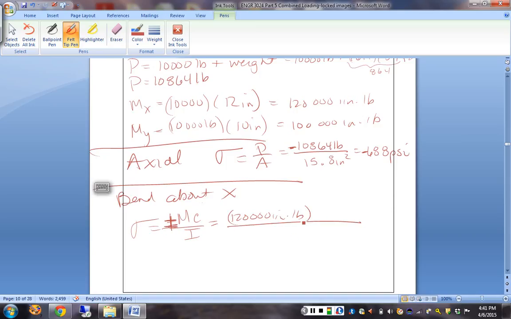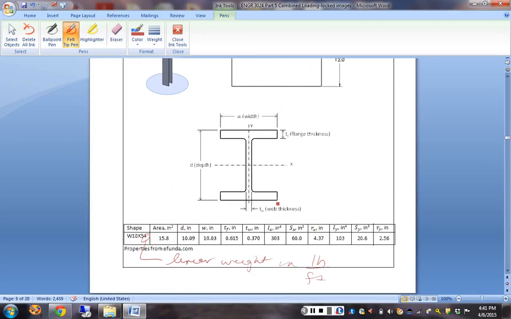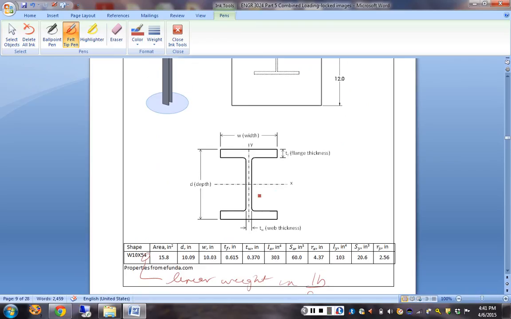Well, where do we get that guy from? We go back to the geometry. No, it's the distance from the neutral axis out to the outside. So we go back to our beam diagram. And which one are we talking about? We're talking about bending about X, right? Oh, the inside of it. Right. So not the plate, but the beam. So 4.37.